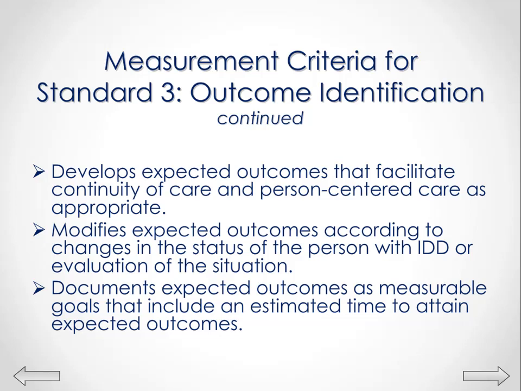This is particularly important during end-of-life planning. And again, to wrap up, all of the expected outcomes should be written in concise terms that are measurable and include an estimated time in which to attain those expected outcomes. This helps to promote accountability.